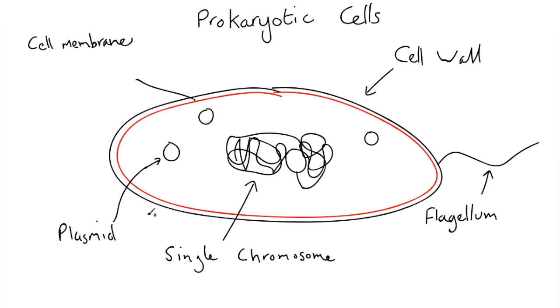Now plasmids have a small amount of genes compared to the singular chromosome, but it's these little things that cause bacteria to evolve very, very quickly because they can be absorbed by other bacteria. So if this has got a gene on it that causes resistance to penicillin, other bacteria can take this off them. So this is where you kind of get your resistance genes and things like that in.